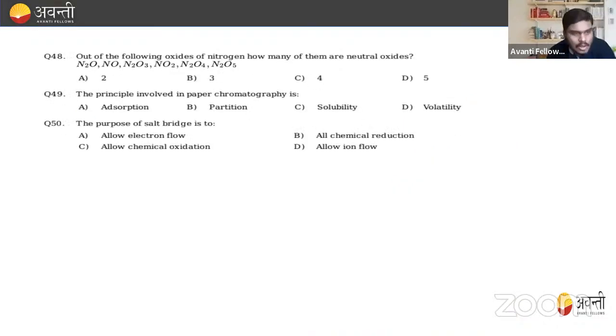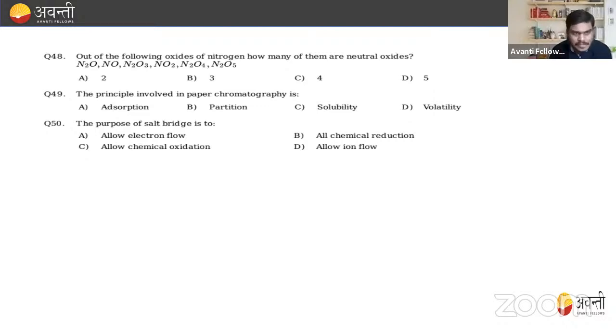Now, questions 48, 49 and 50: out of the following oxides of nitrogen, how many of them are neutral oxides? You have to identify how many are neutral. Just give me the answer, because this is a very simple question. I hope you all did this question.